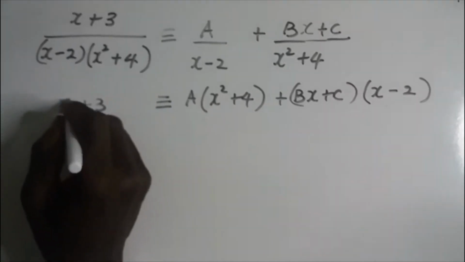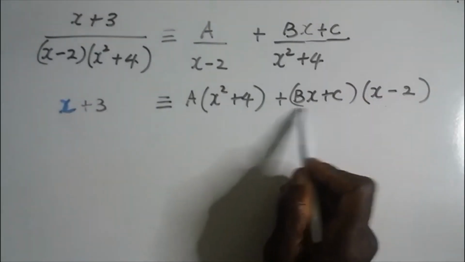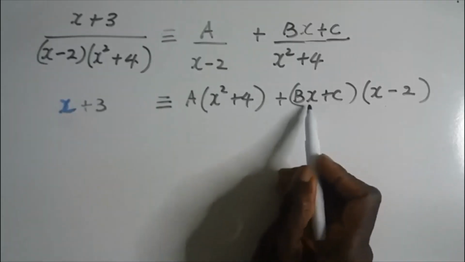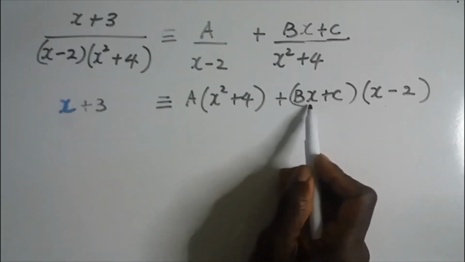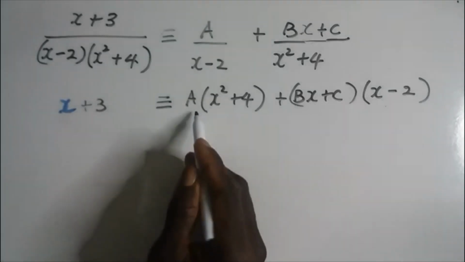Next, we are going to eliminate b, so we'll set x equal to 0. So first we had x equal to 2, and we eliminated all of this, b and c. Now we'll set x to 0, which will eliminate b, and then we'll be able to find c because we do know a.